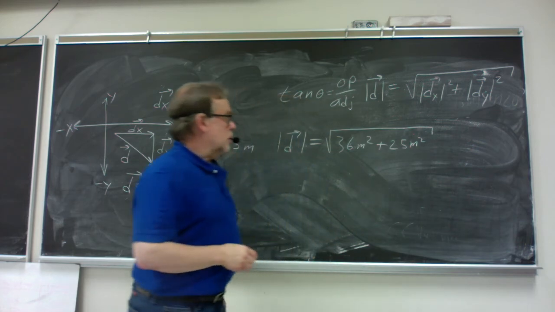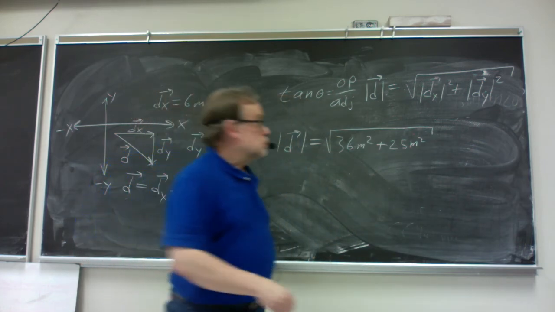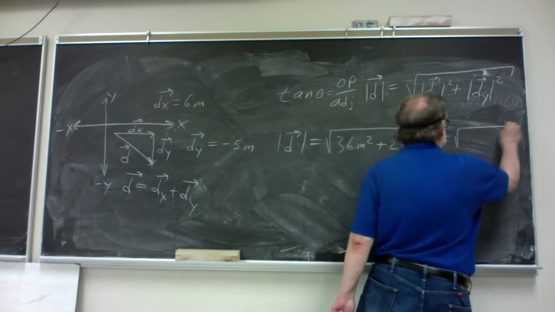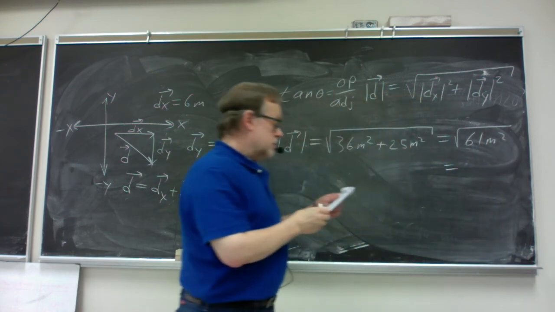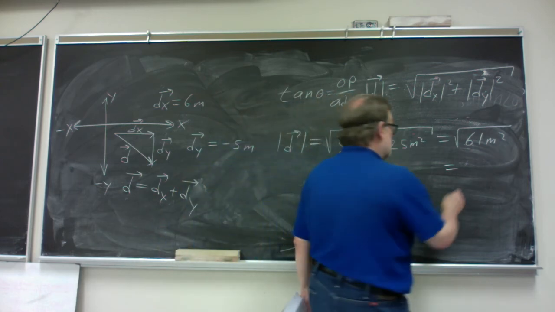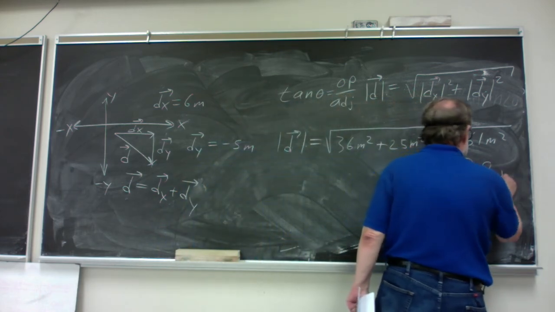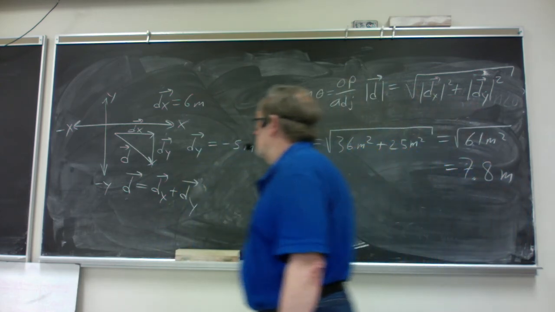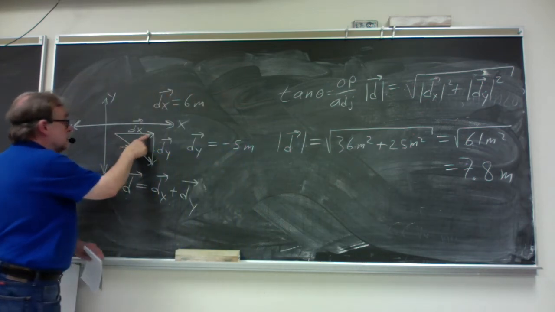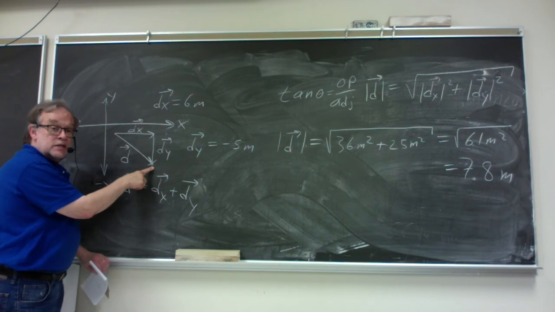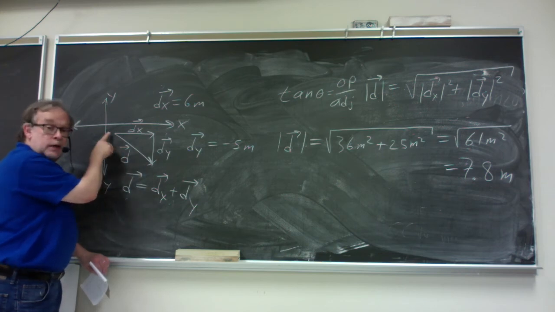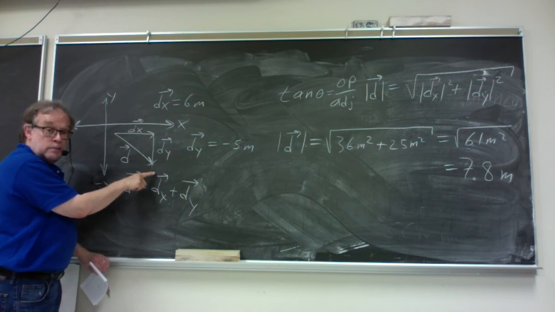So that's the square root of 61 square meters, which comes out to about 7.8 meters. If you move 6 meters along the positive x-axis and then 5 meters in the negative y direction, you're now at a point that's 7.8 meters away from where you started.